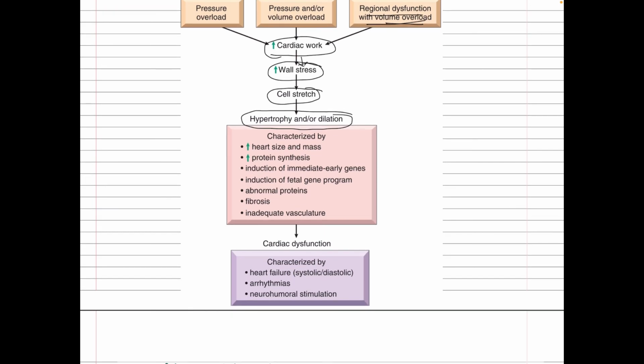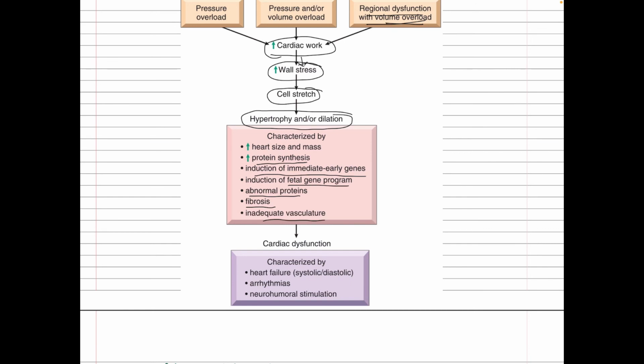During the process of hypertrophy and dilation, there will be an increase in heart size and mass, and there will be protein synthesis also. And there will be induction of immediate early genes and the fetal gene program, which ended during the fetal stage, but during the hypertrophy condition, this fetal gene program will also be seen, and there will be abnormal proteins, and there will also be fibrosis, and there will be inadequate vasculature.